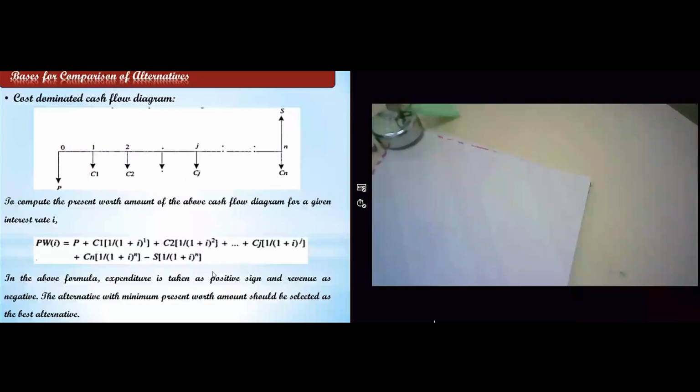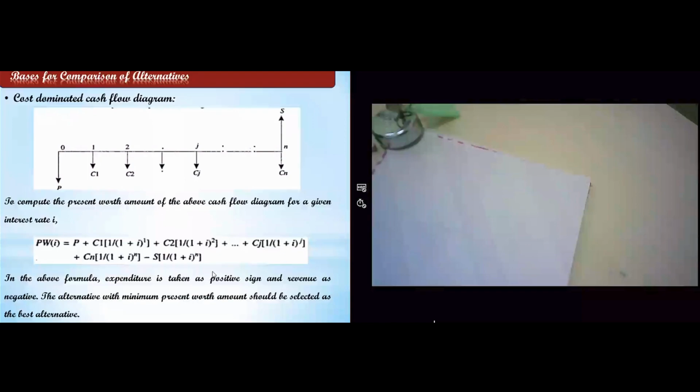For selecting the alternative, when it comes to cost dominated, the alternative which has the minimum present worth would be selected, because the company generally looks for minimizing the cost and maximizing the revenue. So they will see the alternative which has the minimum present worth of cost, and that alternative they will purchase.